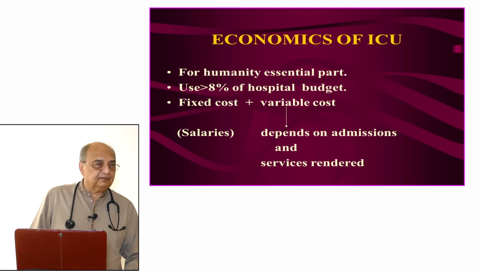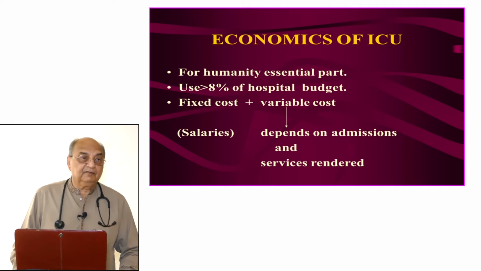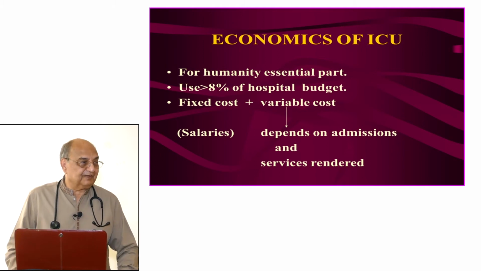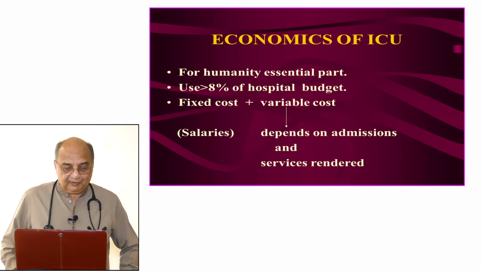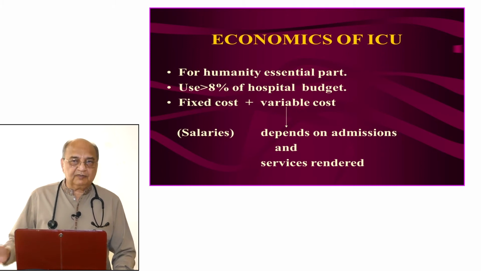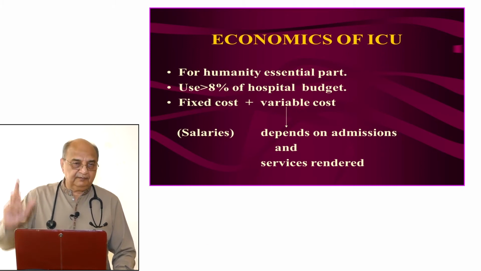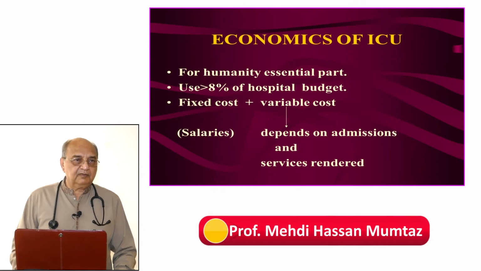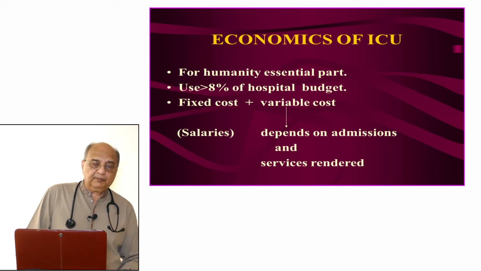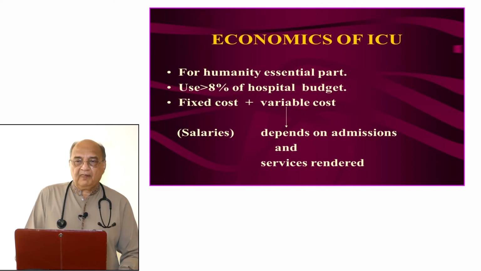So 10,000 is nothing. You have one bed, one patient, one nurse, and the doctors around, and you're providing all the services. Even the oxygen cost has now increased four times, because we are paying about 42 rupees.